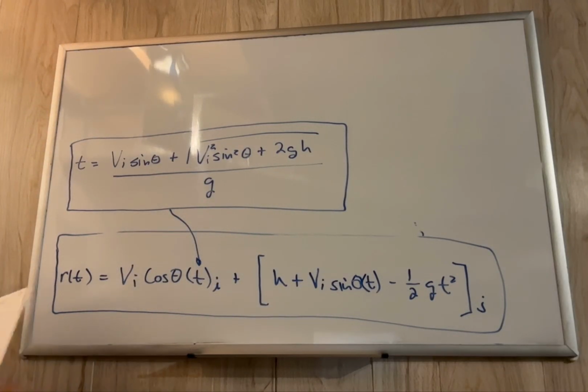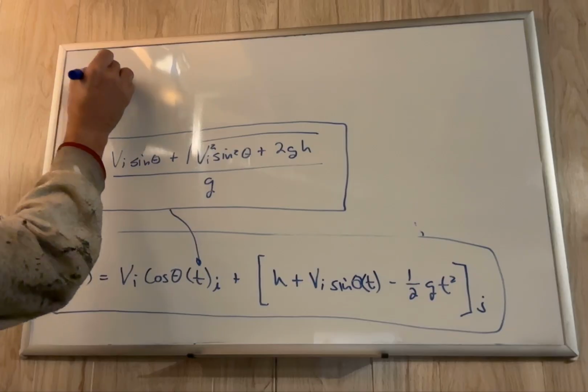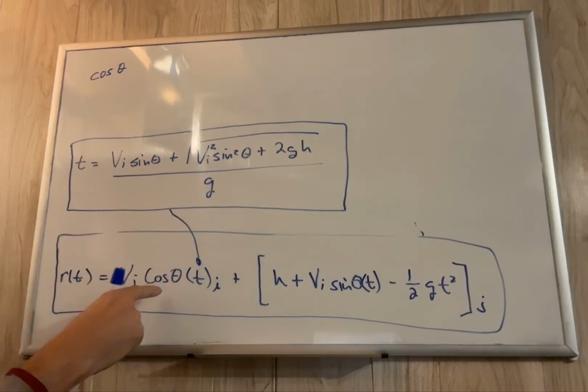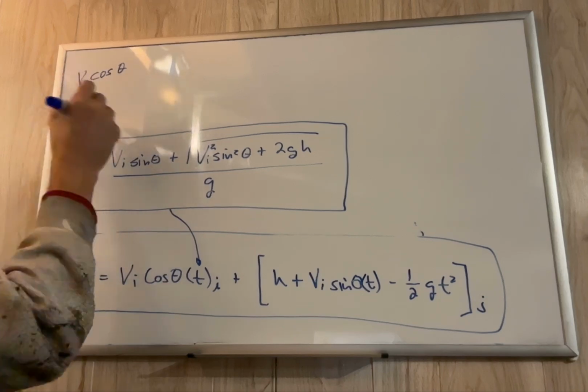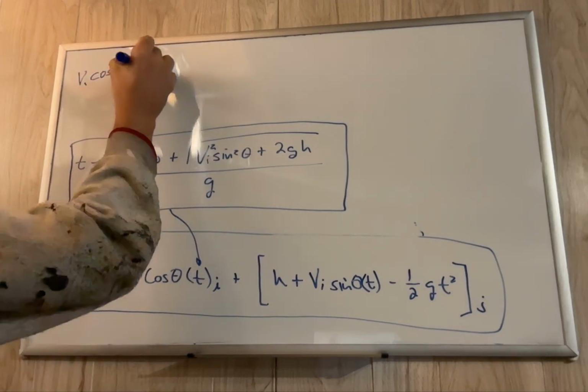All right, so if I do that, I'm going to have cosine theta, right, times this thing, because velocity initial cosine theta times this thing. So all of this has got to get in there.